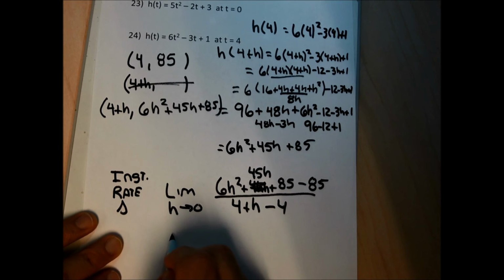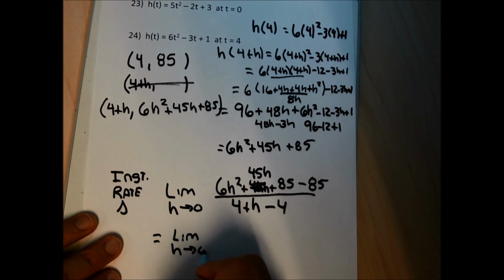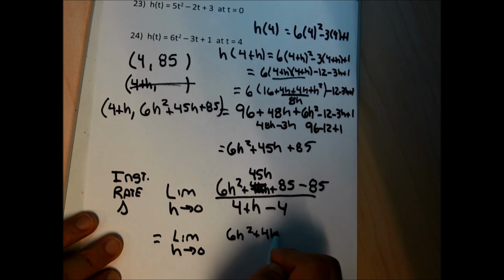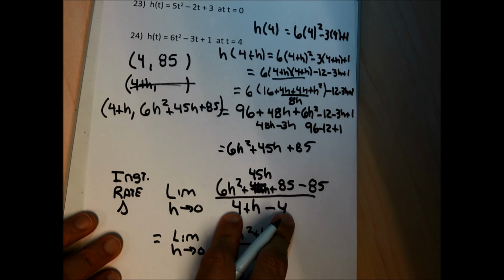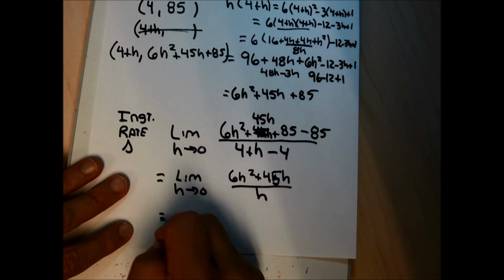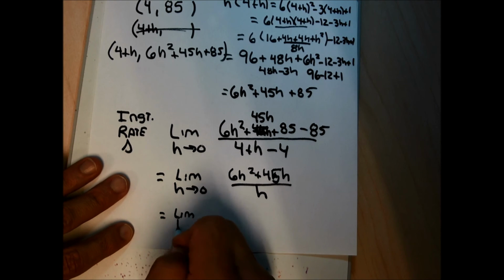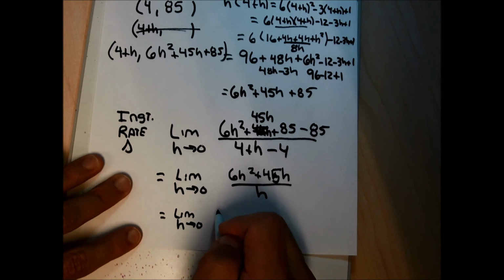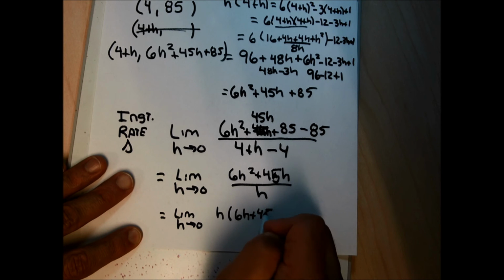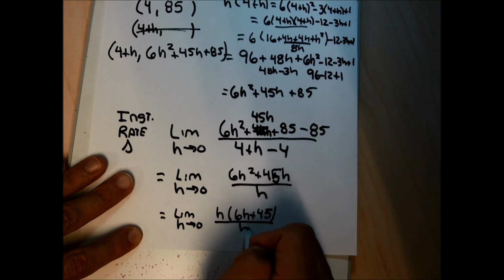So this is going to give me the limit as h goes to 0 of 6h squared plus 45h all over h, because the 4's cancel in the denominator, 85's cancel in the numerator. Factor out my h and cancel. I get the limit as h goes to 0 of h times 6h plus 45 over h.